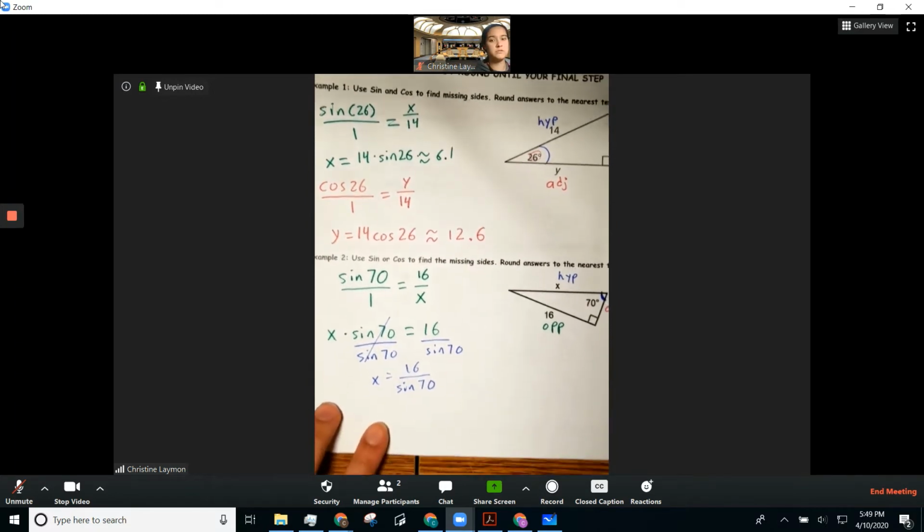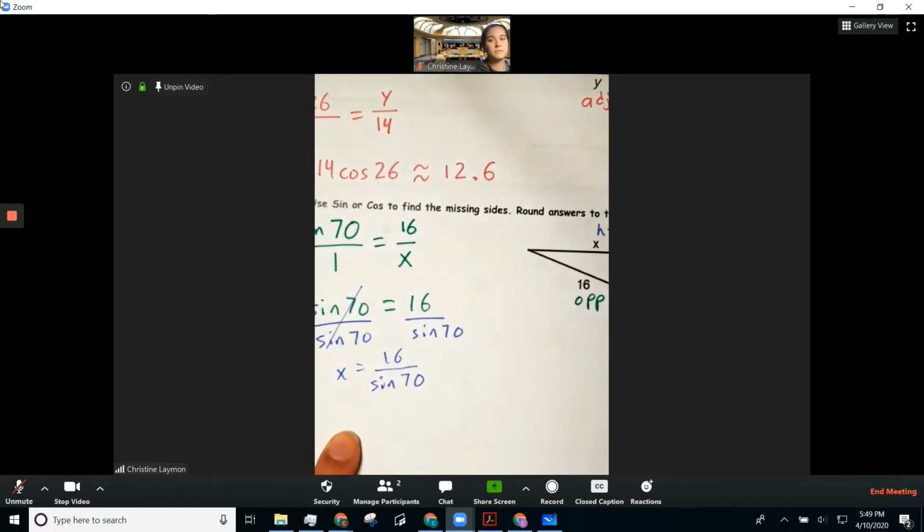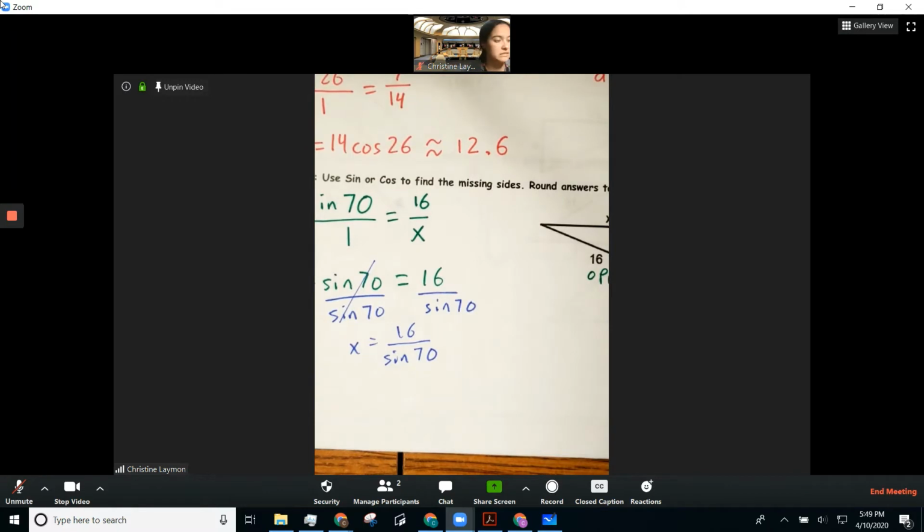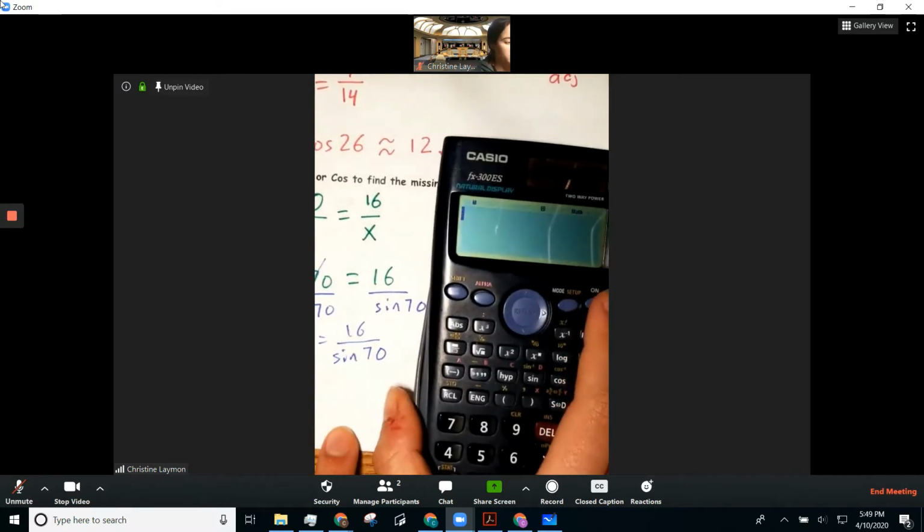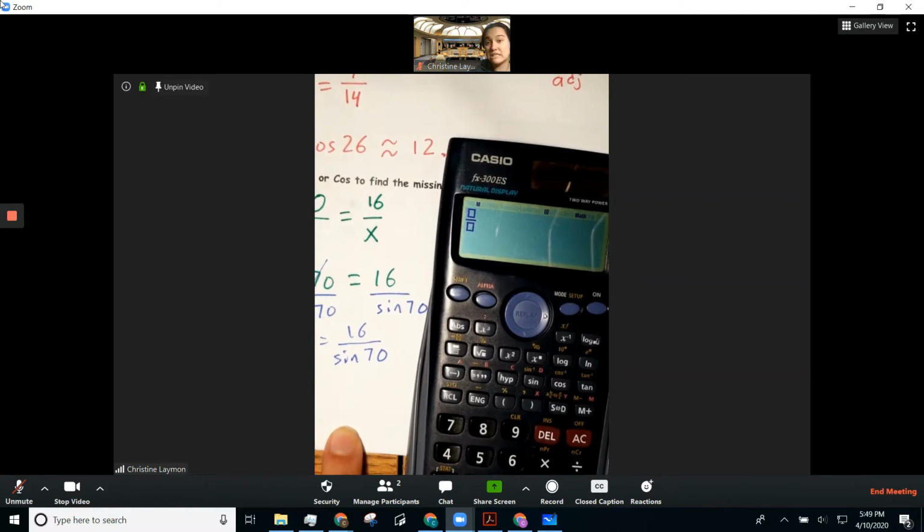So I'm going to go ahead and zoom this in here. So again, 16 over sine 70. So coming over to here, my calculator has a fraction button. If you have yours, that's great. It might also say n over d for numerator over denominator. So 16 over sine of 70.